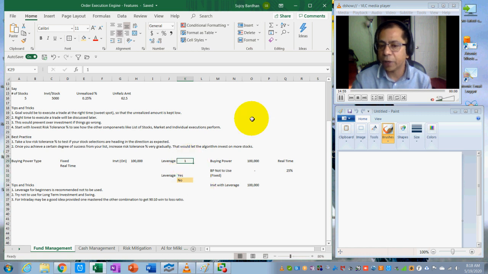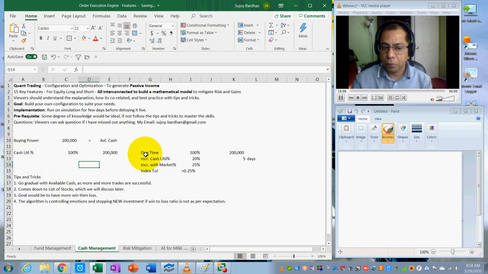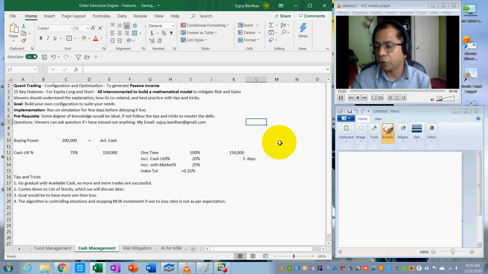One is your own cash, so 25% leverage, which gives you 200,000. Now you take that 200,000 as your buying power and you move on with that. But again, you can restrict yourself to, say, 75%. You don't want to use 200,000. You start using 50,000 from the margin loan and move on from there.